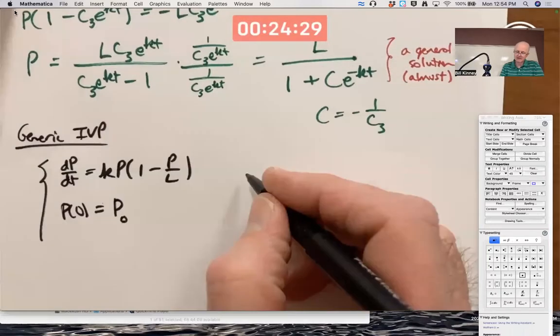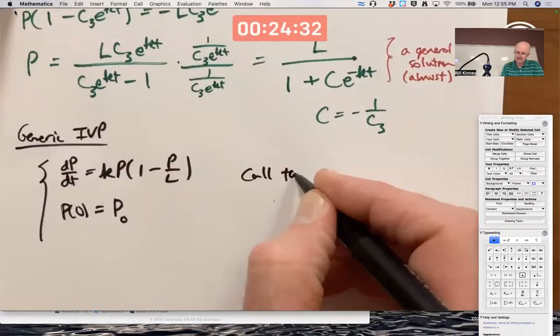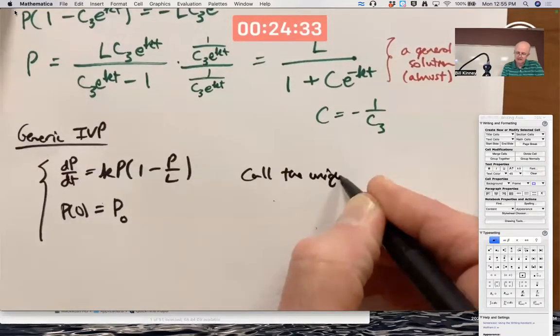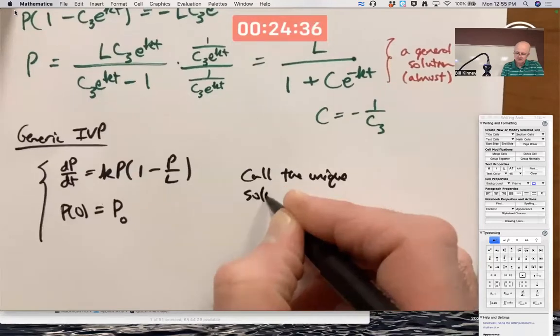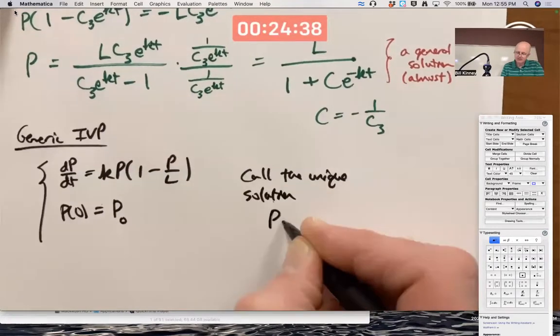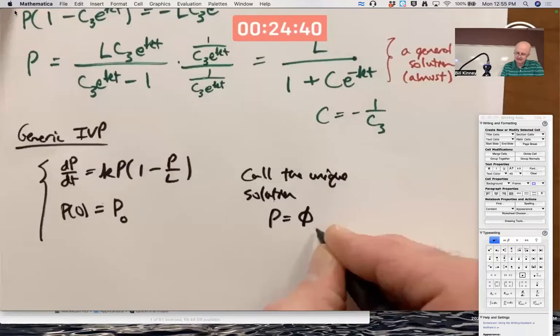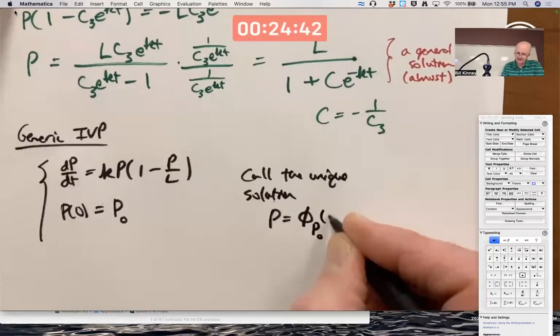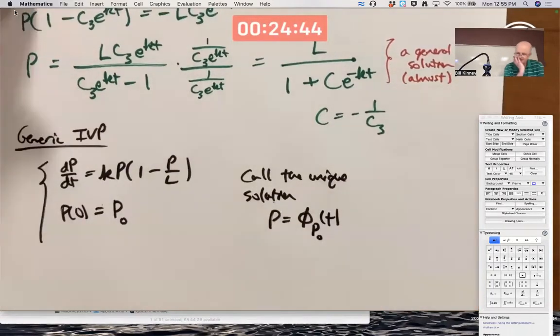I'm going to call the unique solution P equals phi sub P naught of t. Why do I do that? Actually, our textbook does not do this.